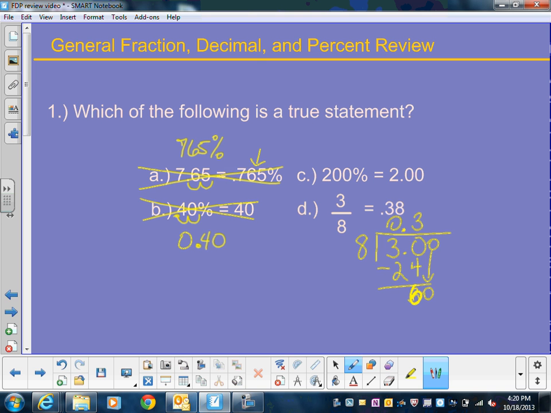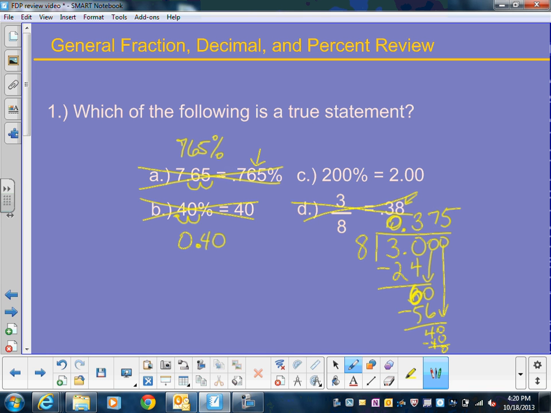Carry down the 0. 8 goes into 60 7 times, giving us a remainder of 4. Bring down a 0 one more time, and that goes in 5 times. Therefore, 3/8 is equal to 0.375, which is not what they gave us here. This statement is false, and therefore not the correct answer choice.